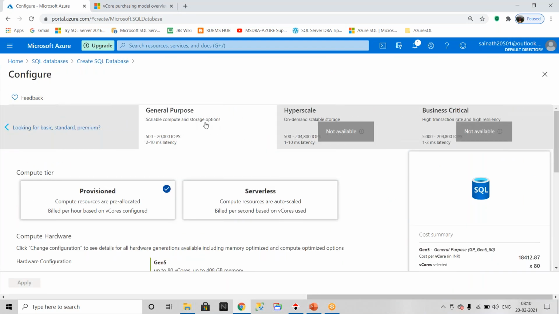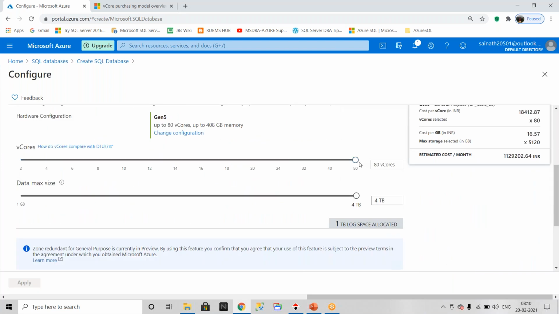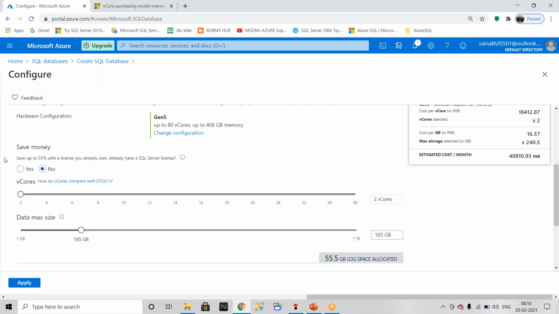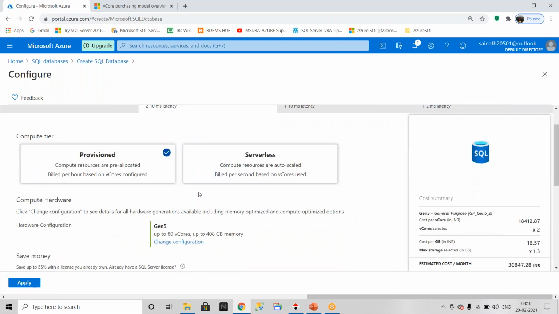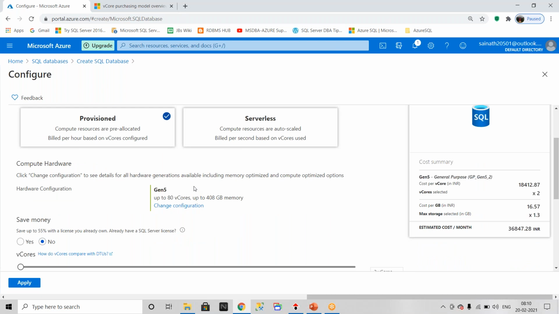Let me choose general purpose. Now, let me discuss what is serverless.